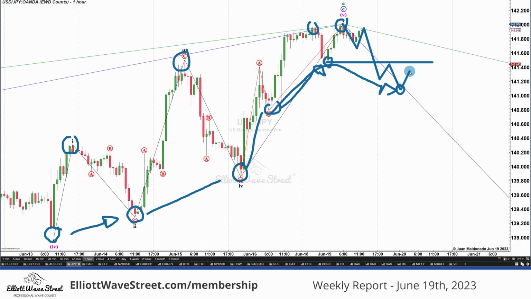The second step is during the test, seeing the ABC and the rejection, because that will complete the pattern. So we were seeing higher highs, and now we're seeing lower highs. See the transition on the upper side? So we are seeing the transition on the lower side, and on the upper side of the trend as well, and this is a structural analysis of the trend.